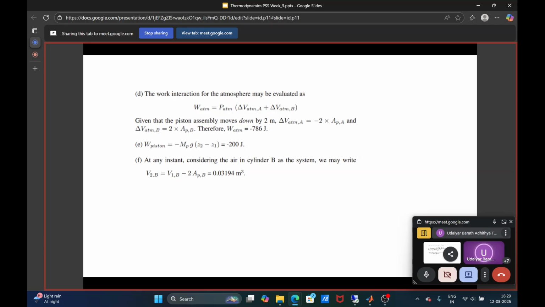If it moves by 2 meter, the initial volume in cylinder B is known. Since it has moved by 2 meters, we can estimate the final volume. V2B is V1B minus 2 times the area of piston. That will give you the volume change, which comes out to be 0.03194 meter cube.